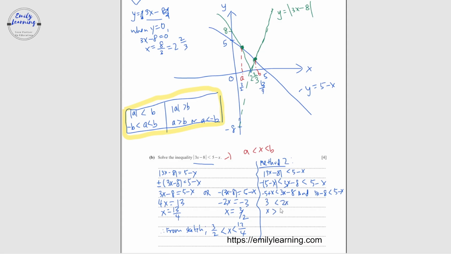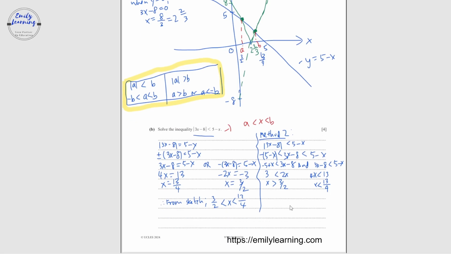So x is greater than 3 over 2. Then here I have 4x lesser than 13. x is lesser than 13 over 4. Because it's an "and", I need to take the intersection. I know that x here is 3 over 2, and here is 13 over 4.